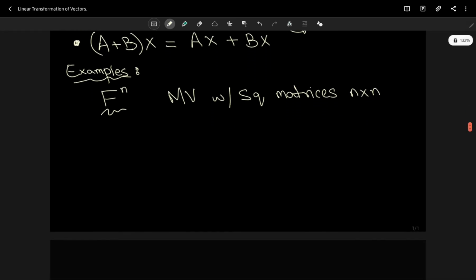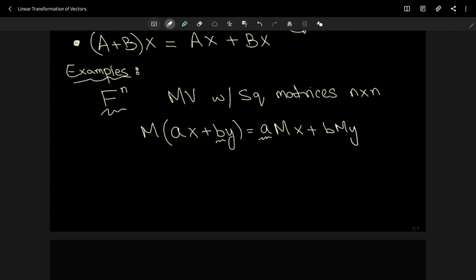And we already know that from experience that a matrix M on ax plus by, where again these small a and small b are scalars, is a Mx plus b My. So the matrix acts on x vector and it acts on y vector.